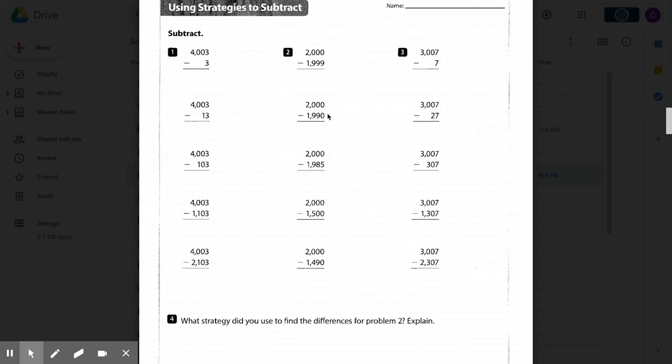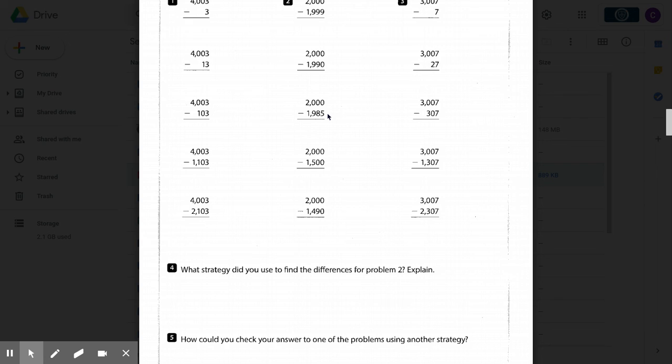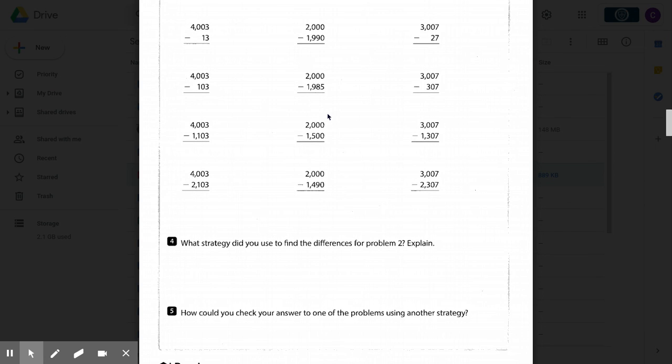For problem 2, we actually used the adding up strategy. If you want to go back and try another strategy and explain how you did that, that's totally up to you. Number 5, how could you check your answer to one of the problems using another strategy? We talked about that, but like I said, if another strategy works best for you to check your answers, this is where you would explain that.